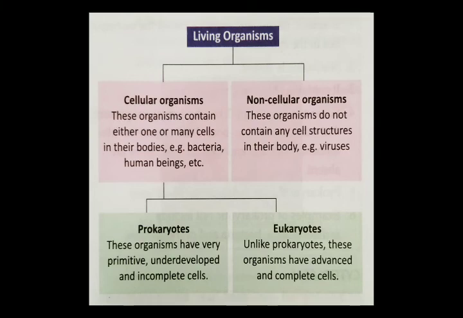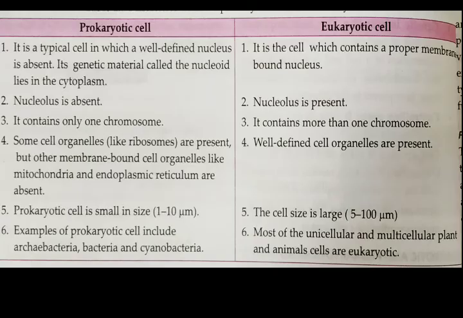So this is the main difference between eukaryotes and prokaryotes. Examples of prokaryotes are amoeba and bacteria, the smaller microorganisms. And eukaryotes are all the bigger animals or well-developed animals. So like this we can differentiate between prokaryote and eukaryote.